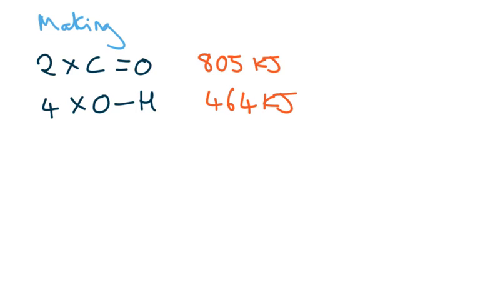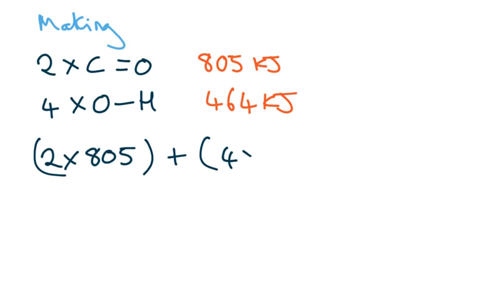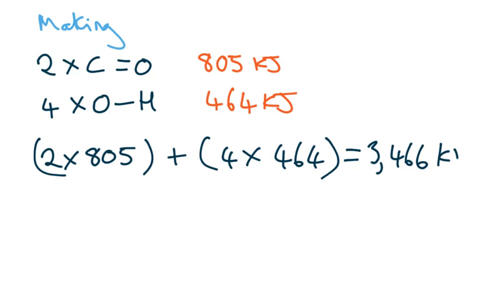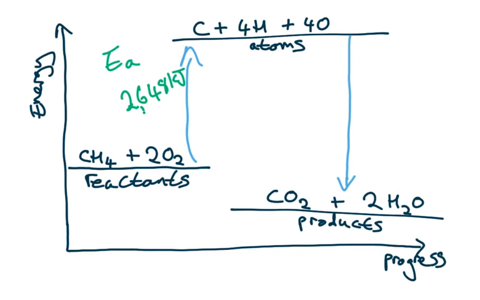So again, inserting that into the equation, I have 2 lots of 805 plus 4 lots of 464, and overall that should equal 3,466 kilojoules. Going back to my energy level diagram, I can again add that value in.